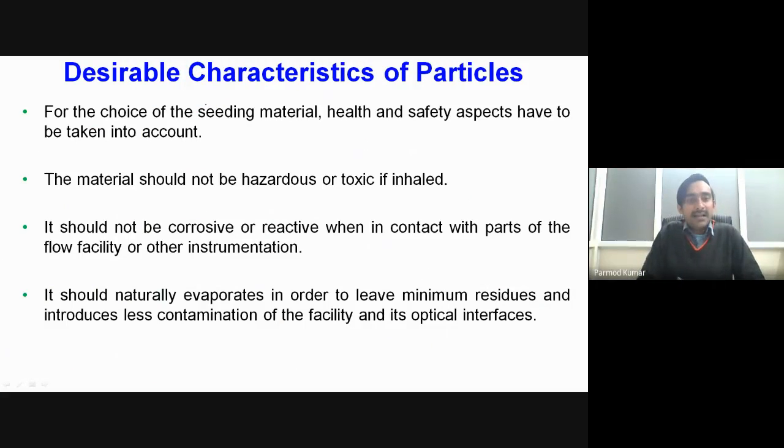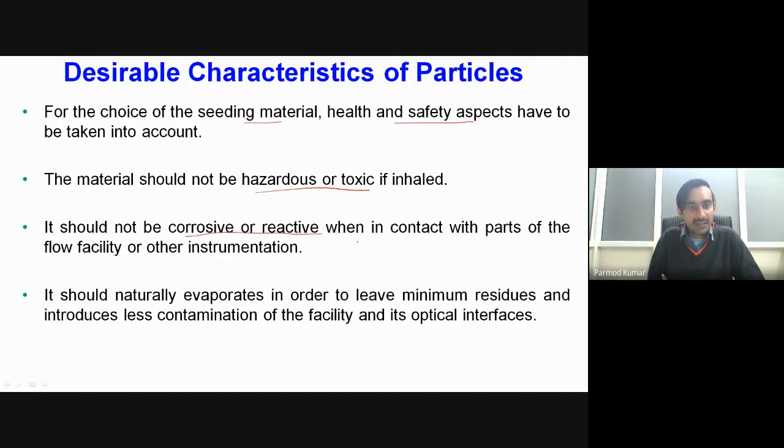Then let us try to see what are the desirable characteristics of the particles which are required for measurement of velocity. For the choice of seeding particle, the first thing is that there should be safety aspects. Our particles should not be toxic and hazardous. Apart from that, the particles should also not be corrosive and reactive to the fluid, whatever we are actually considering.